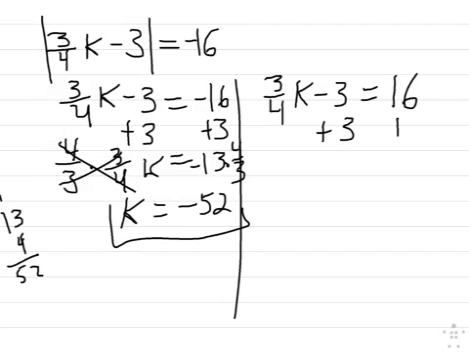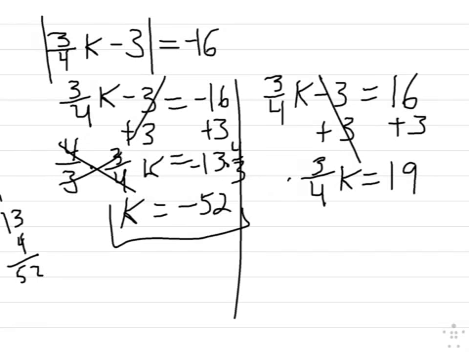Additive inverse. Okay. Alright, I should cancel those two. Alright, so 3/4 k equals 19. Multiplicative inverse, right? The reciprocal. 4/3. Let me erase. Really close to my time here. We're almost going to make it. 4/3. Oh no, 19 times 4. Okay, let's see.